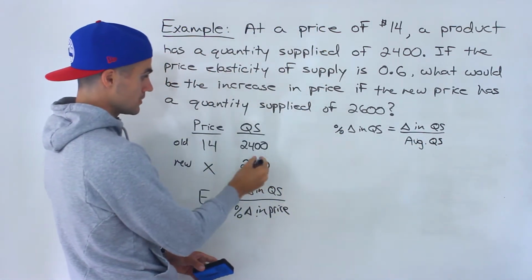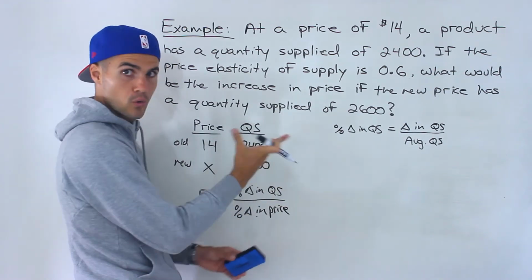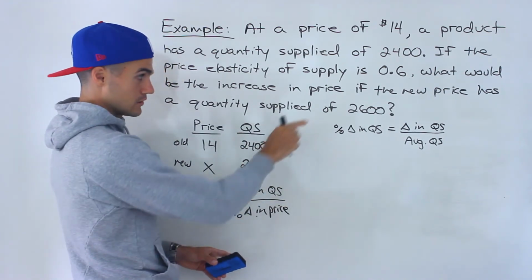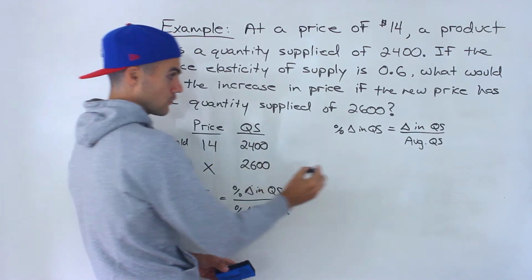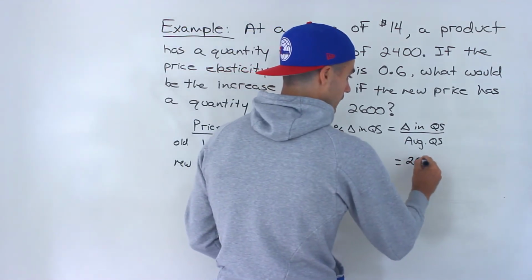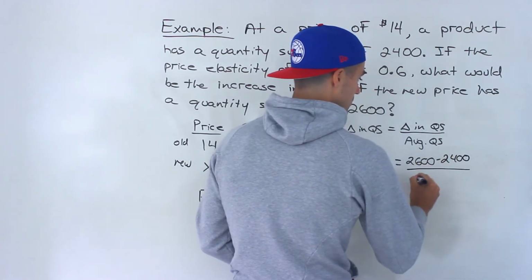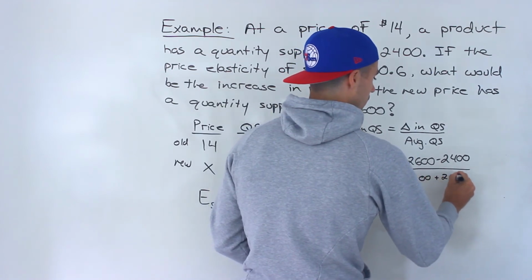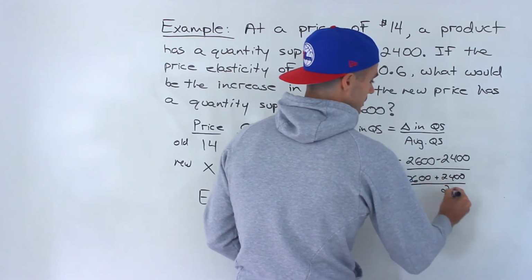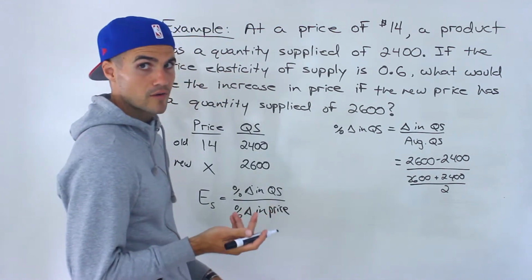Now the change in quantity supplied we can actually get a numerical value for because we have the two quantity supplied values. So the change in quantity supplied is the new minus the old, so 2,600 minus 2,400. And then the average is going to be both of them added together divided by 2, basically the middle between them, and you could see the middle is going to be 2,500.